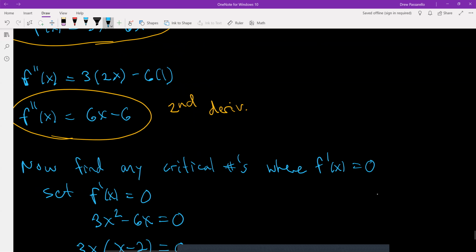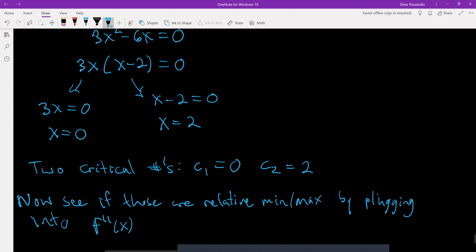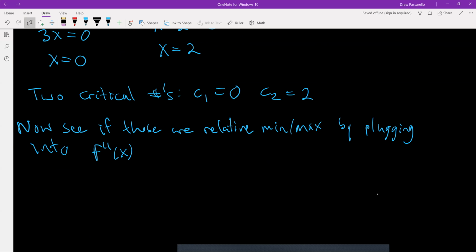And the second derivative was 6x minus 6. Okay, so the first one, when you plug 0 in, you get 6 times 0 minus 6, which gives you negative 6.